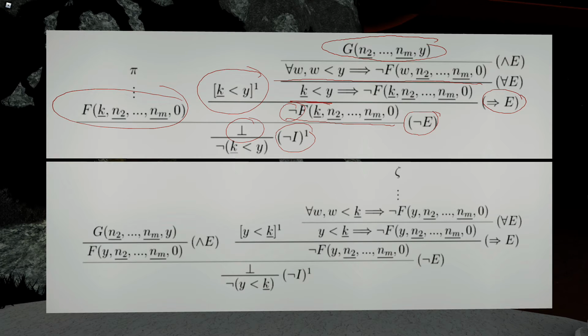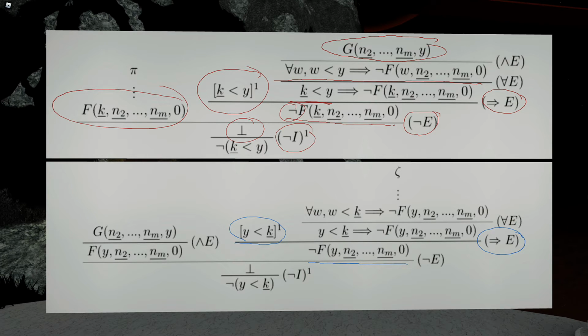And what I've done is I've let zeta be any proof whose conclusion is that statement. Because once I have that, I can then use a very similar style argument to what I used just before. So now I can use for all elimination, but this time choose y to substitute for w instead of k bar. And then we just end up at exactly the same style argument. So now if I was able to prove that y is less than k bar, I would be able to do an implication elimination and derive it's not the case that f, y, n2 up to nm 0.